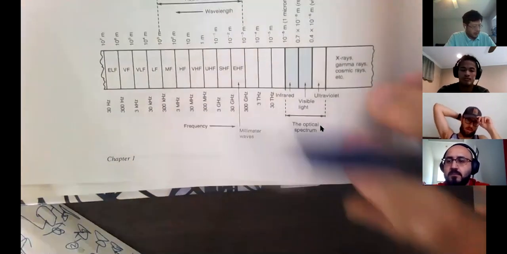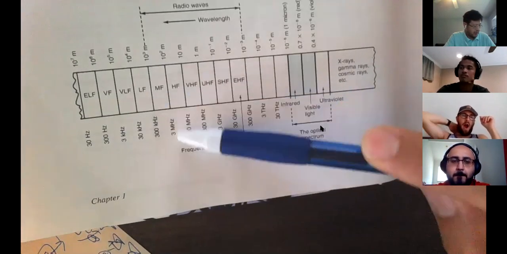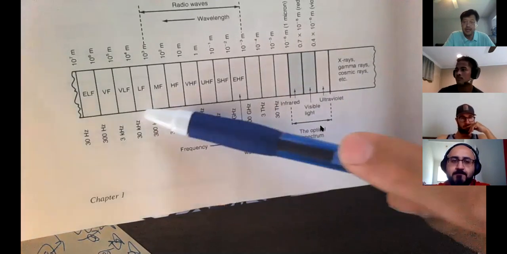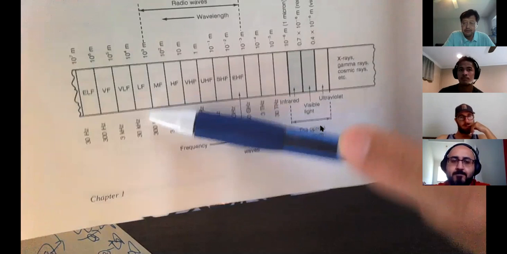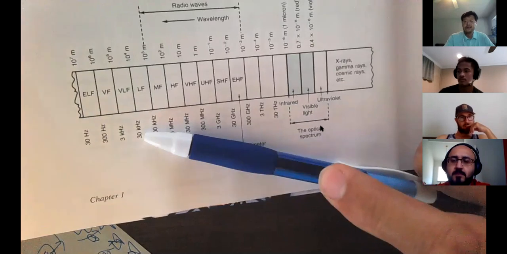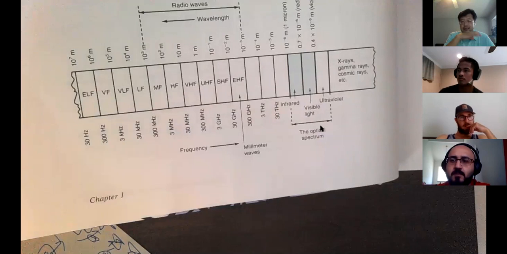What about the advantage over here? For example, I have 300K. What is the advantage of a 300K RF carrier? Long distance. How long? Potentially, you can reach across the world.